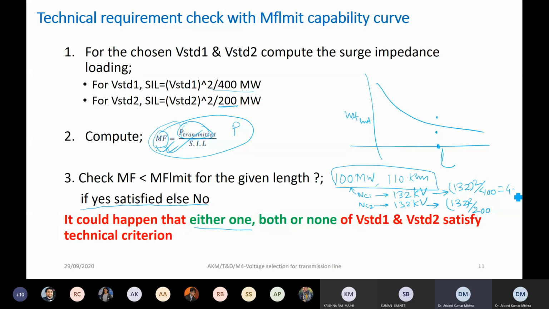I'm not sure, but something around, and it is so popular that people usually remember it. And therefore, this will be around 86. So for this case, if you go for the single circuit, your MF for single circuit will be 100 divided by 43.